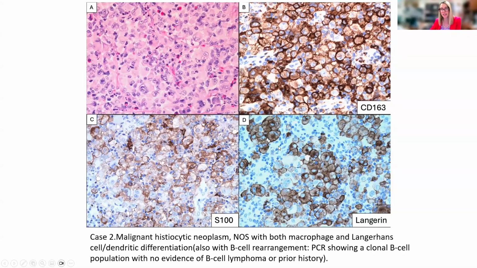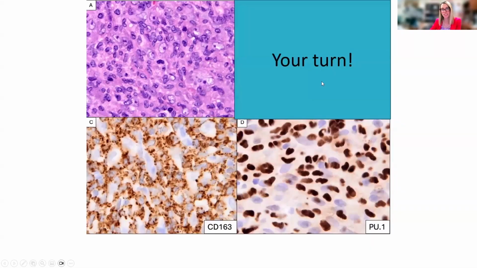And interestingly, this was a case here from Pittsburgh that had really scant CD1A staining. So really not fitting into a category well at all. So again, more important to get these into a malignant histiocytic category as opposed to trying to subtype it per se.